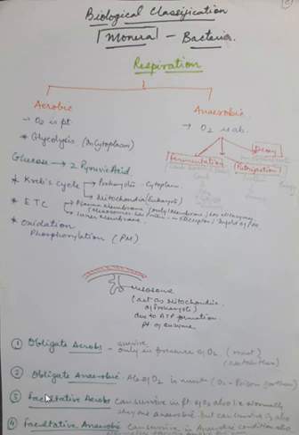Whereas facultative organisms can survive in the presence of oxygen also. Normally they are anaerobic, but they can survive when oxygen is present. So when that condition is present they can survive, and otherwise also they can survive. Facultative anaerobes can survive in anaerobic conditions also, but normally they are aerobic. That means normally they survive in the presence of oxygen, and they can survive in anaerobic conditions also.